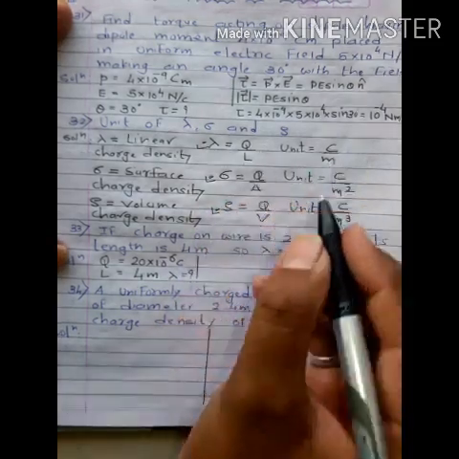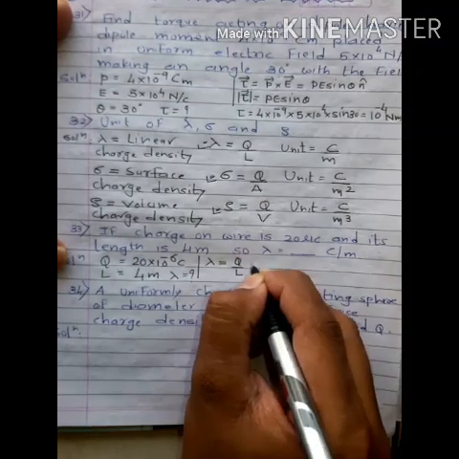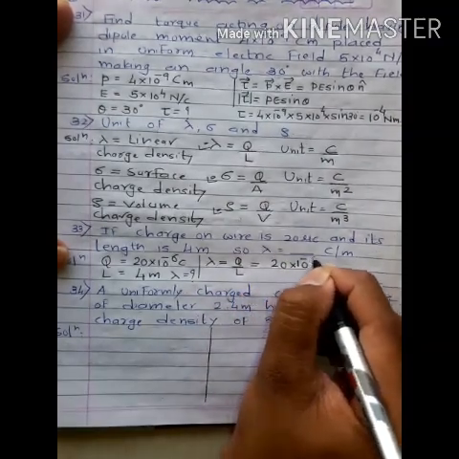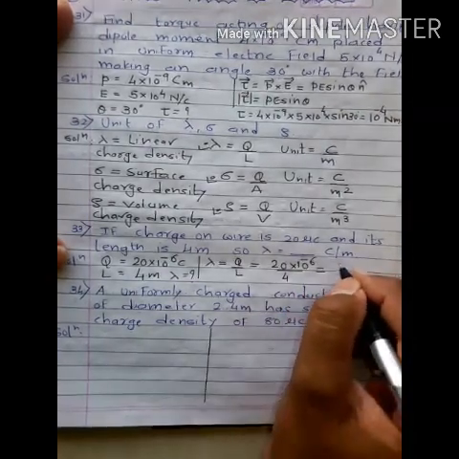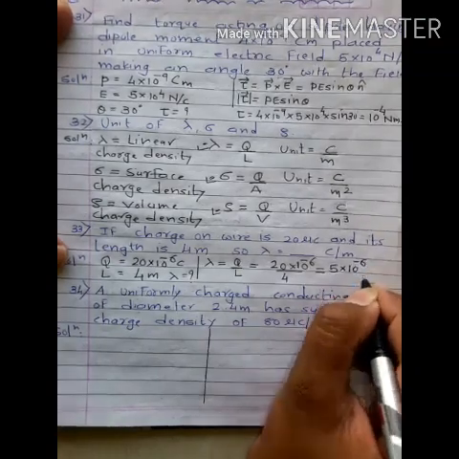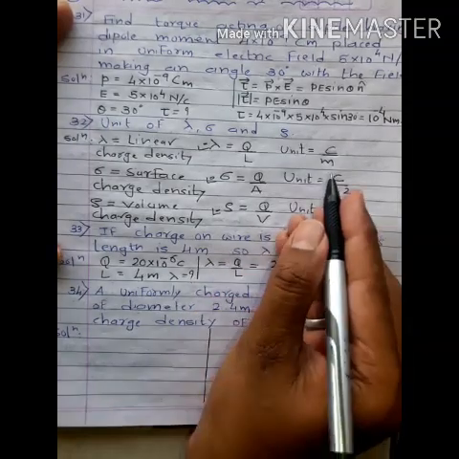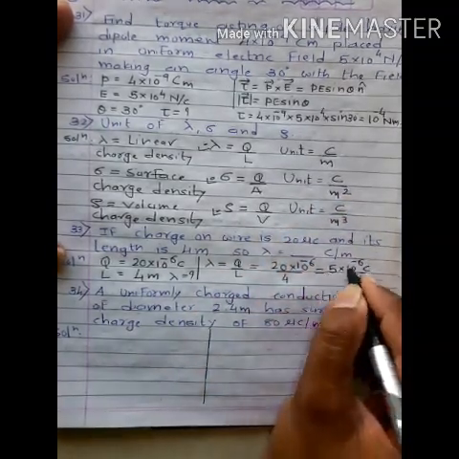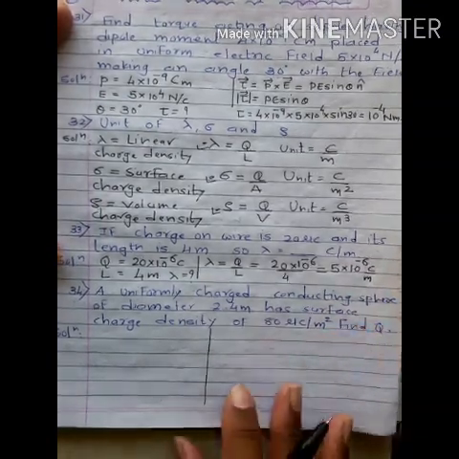Here we use its equation. Lambda is equals to Q upon L. Q 20 into 10 raised to minus 6 upon L, 4 meter. Find the solution. So your answer is 5 into 10 raised to minus 6. What is unit of linear charge density? Coulomb per meter. Yes. So your answer is 5 into 10 raised to minus 6 coulomb per meter.